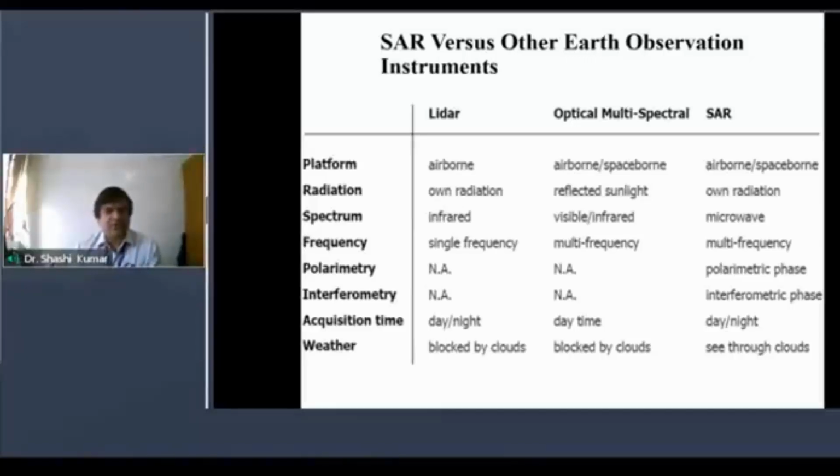Due to these short wavelengths, polarimetry and interferometry are currently not possible in LIDAR and optical multispectral. In future it might be possible, if some coherent sources are generated and the exact amount of all these hindrances can be retrieved and removed.